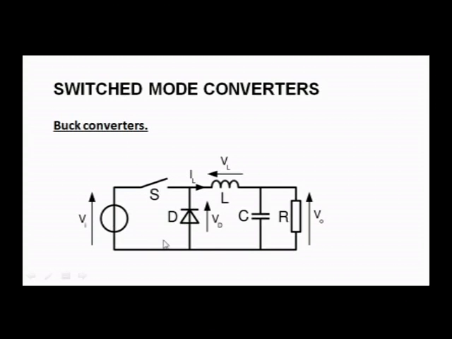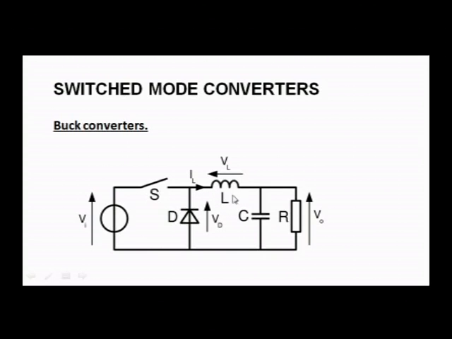Please see, all these converters will have a DC voltage source and a load resistor. In between, you will have a switch in the form of a thyristor, BJT or MOSFET. Then you have a diode. Then you have an inductor. The major role is going to be played by this inductor.